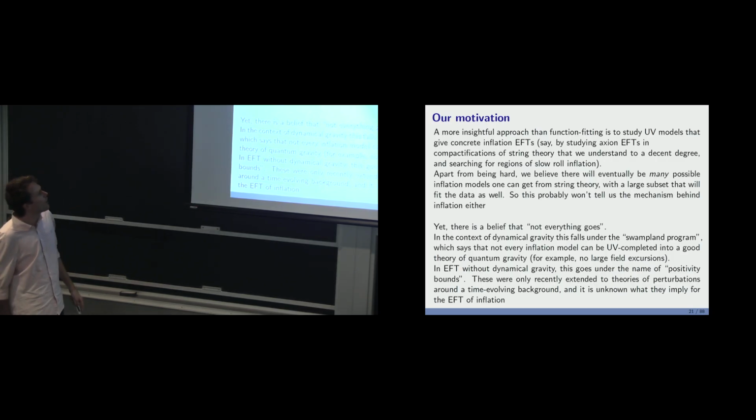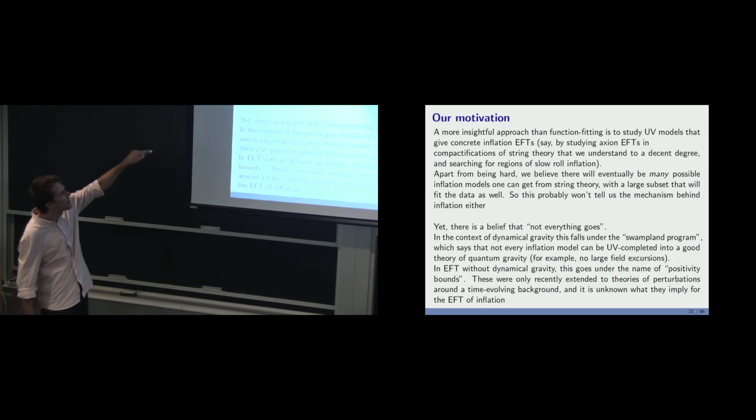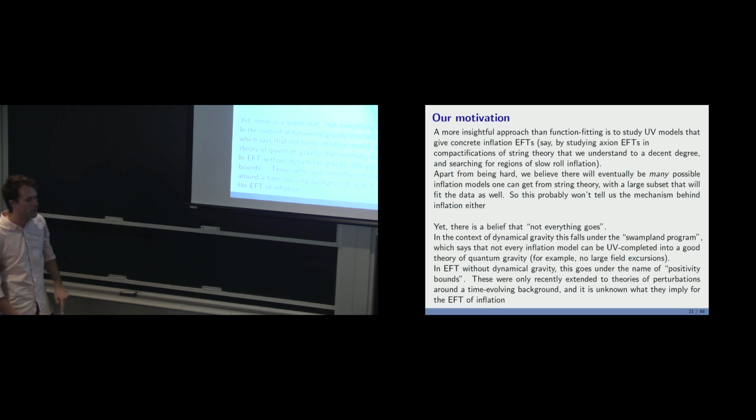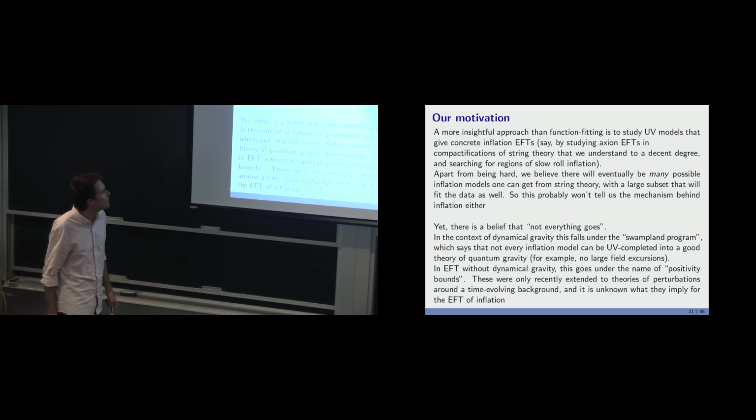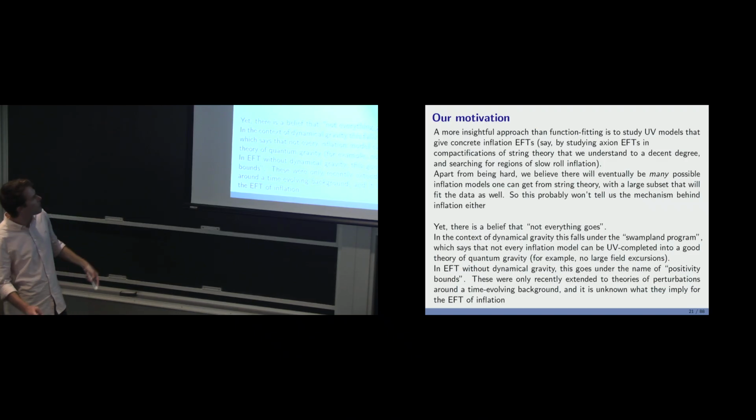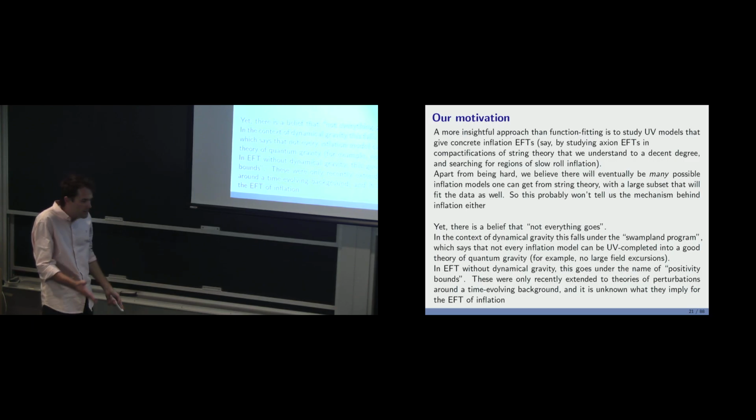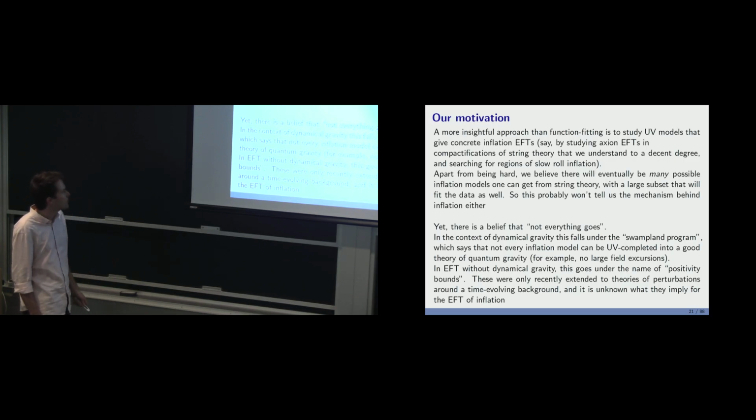But apart from being quite hard, we believe that many possible inflation models are going to come from string theory, although we don't have full control over them all. In the end, we believe there's going to be a large collection of those, and also a large subset of them that will fit the data as well. So that probably won't tell us exactly what the mechanism behind inflation is.